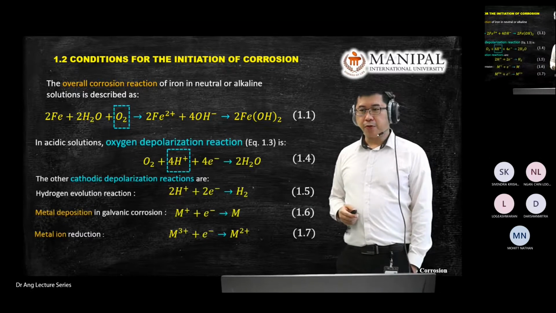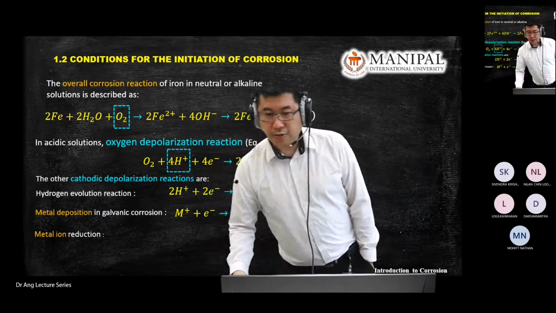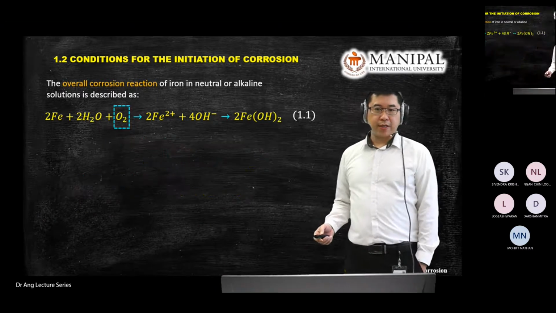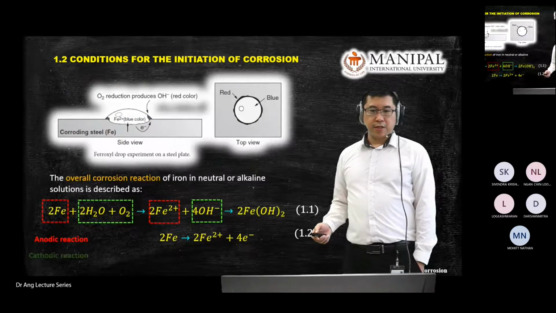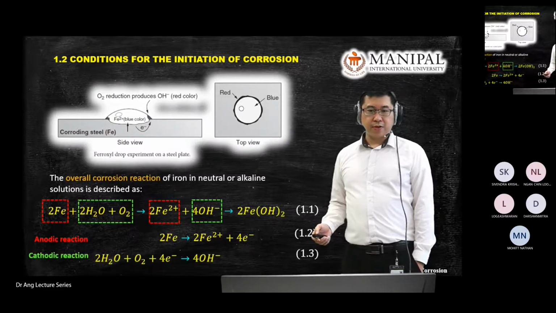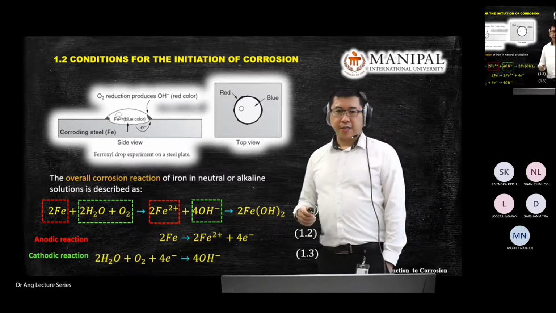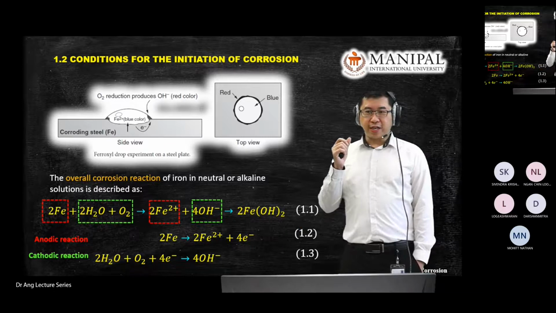Before we move forward, just to recap, whether you understand the corrosion process. First ask yourself, what is the corrosion process? What do you need for corrosion? You need an element.